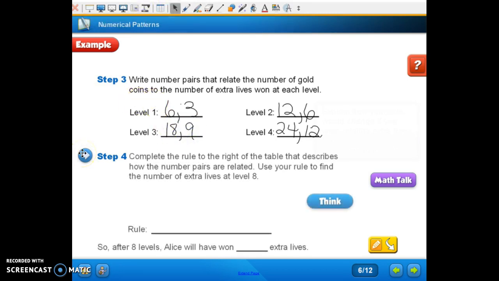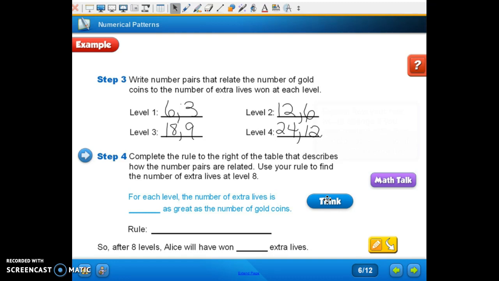Okay, step 4. Complete the rule to the right of the table and describe how the number pairs are related. Use your rule to find the number of extra lives at 8. Okay, we completed that rule when we wrote that multiply by 1/2 or divide by 2.